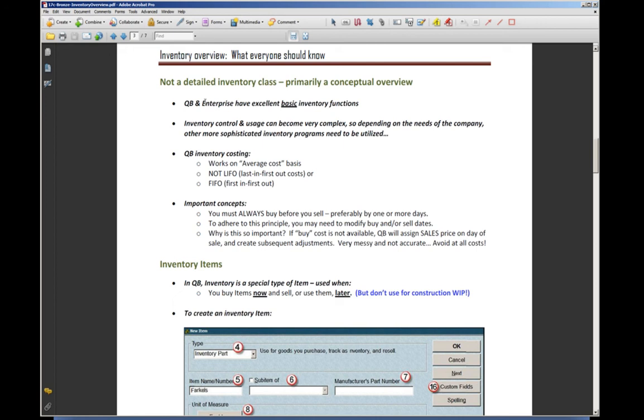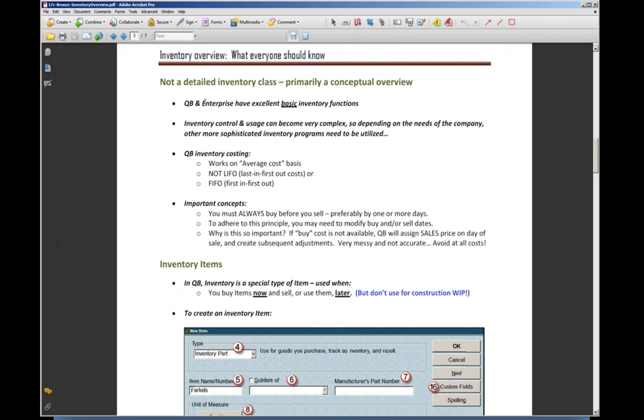So the easy answer is they'd be averaged at $1.25 each. You bought half of them at $1 and half of them at $1.50. So that's the way it's going to move the costs out.